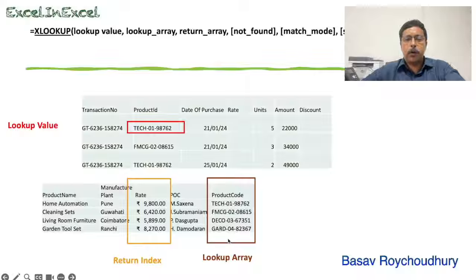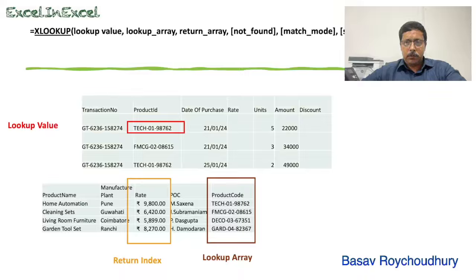Does it happen from top to bottom or bottom to top? Or have you arranged the data in ascending order or in descending order? Depending on that, you can also have a binary search, but let's not go into those details in this case. So what we'll do is go into Excel and see how this works out.